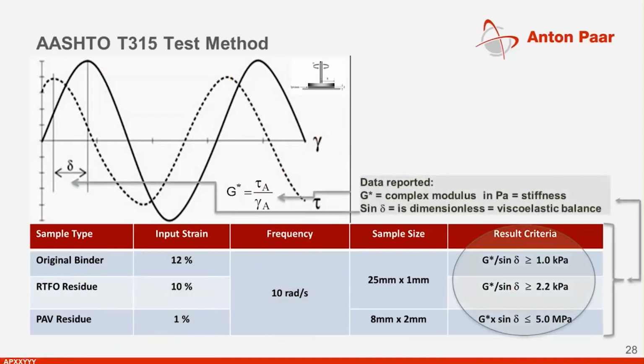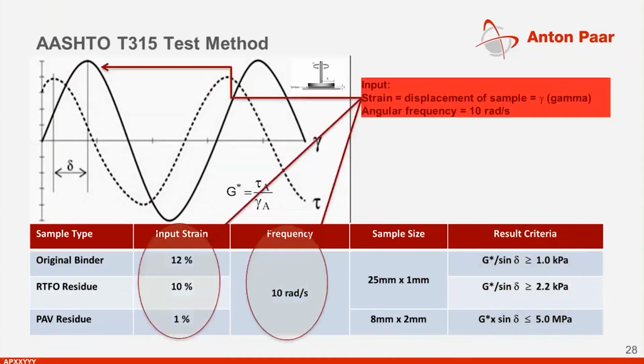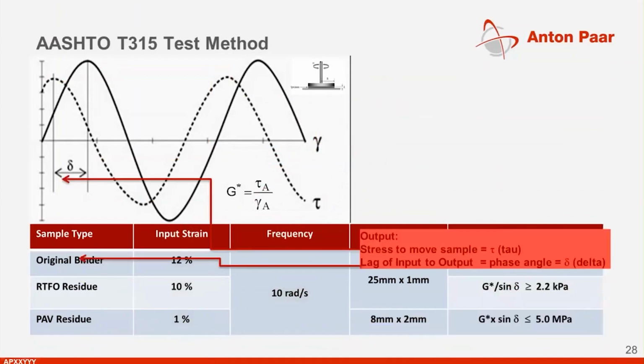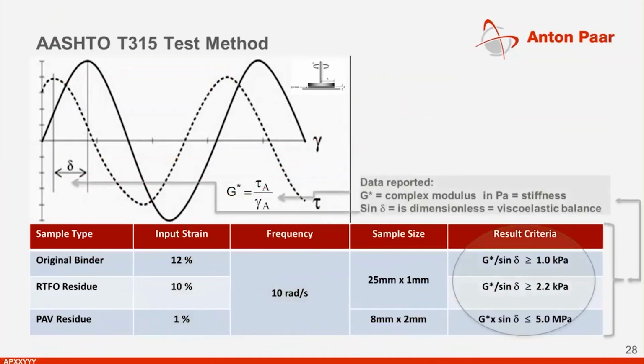Again, we are setting the strain and the displacement of the sample, and as an answer, we are getting the values G*, which is our stiffness, and the sin delta for viscoelastic balance.